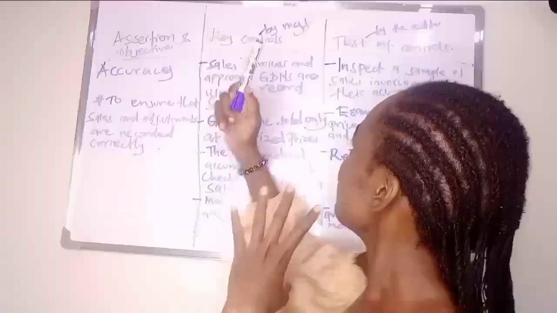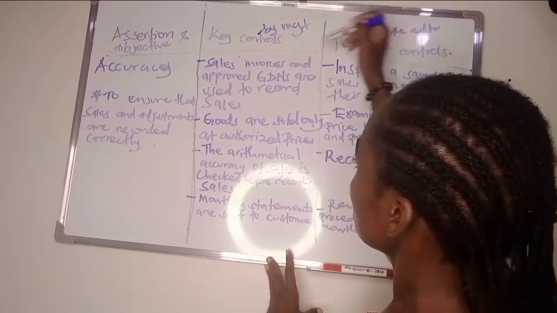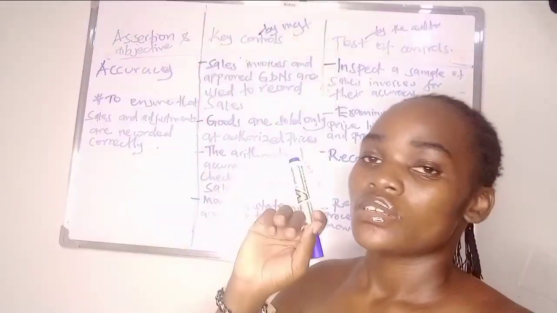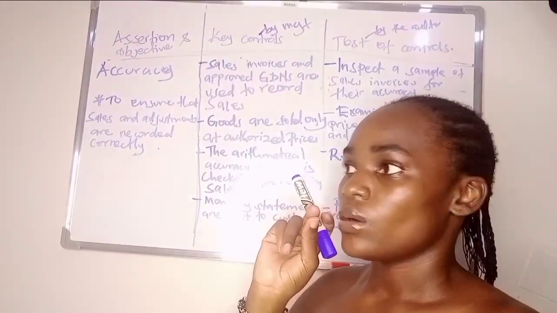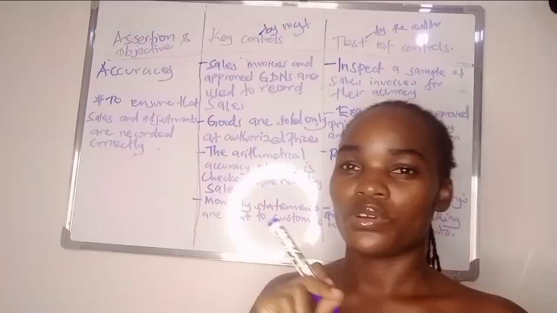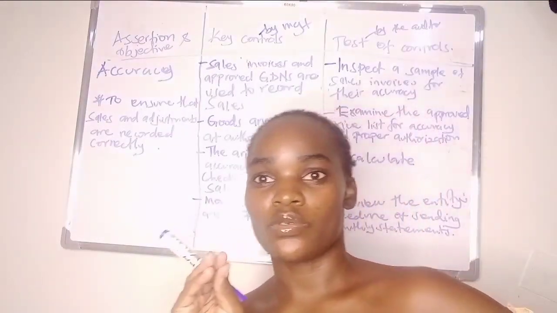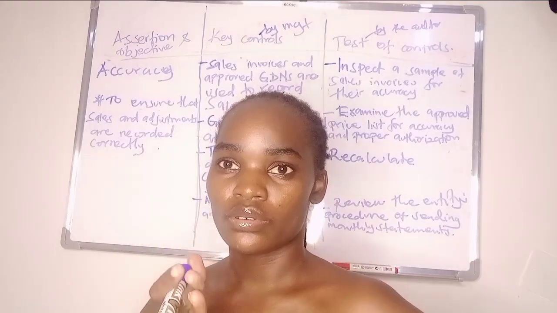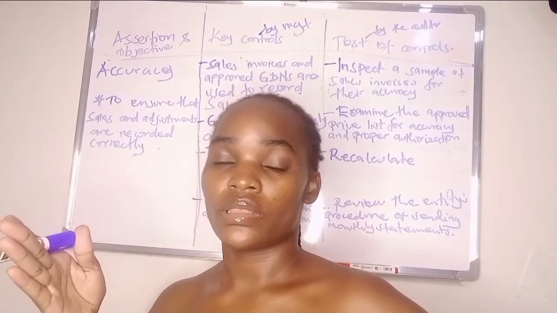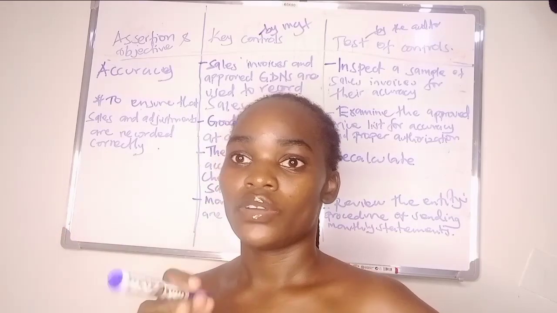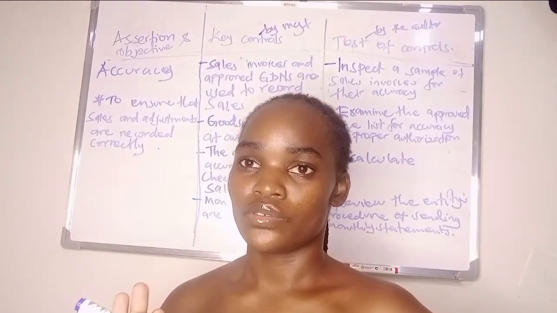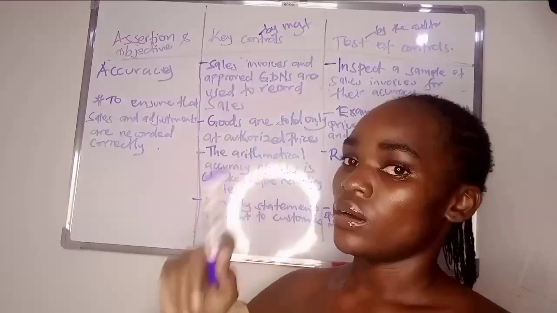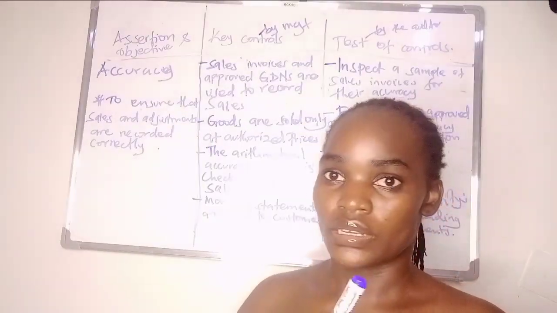So how can the auditor test this kind of control? The auditor's test of control always depends on the type of control. You can just look at a particular control and then you come up with a test of control, even when you've never seen that kind of control. You just base on how the control is stated.